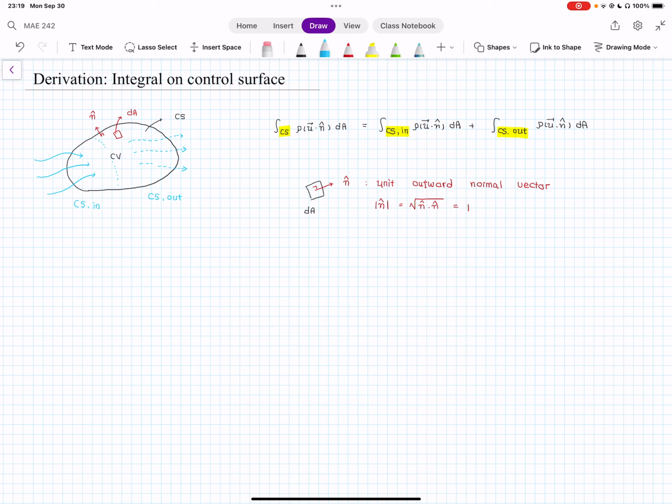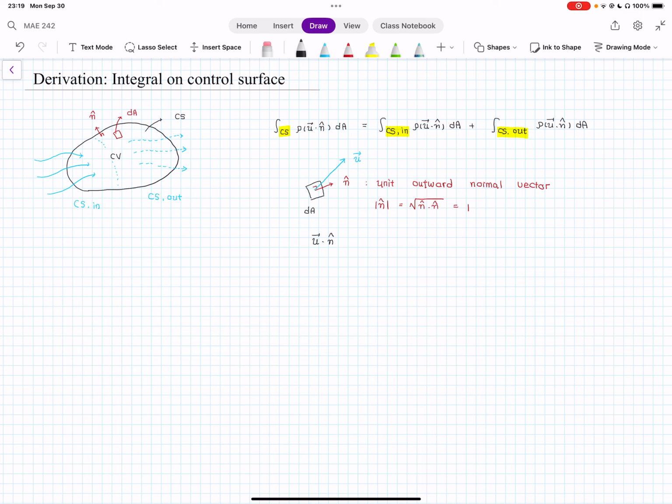So in this particular example of the control volume, say you have a fluid velocity on this infinitesimally small area, let's say like this. As you can see in the mass flux, the only term that matters is not u itself, it's actually this u dot n, the projection of the fluid velocity along the normal direction of the surface.